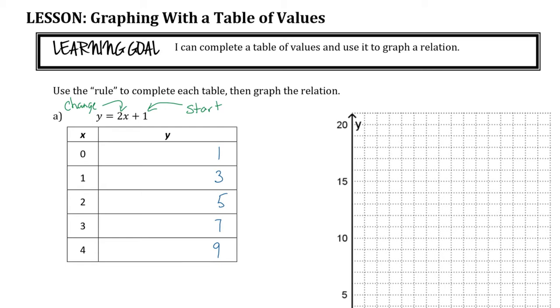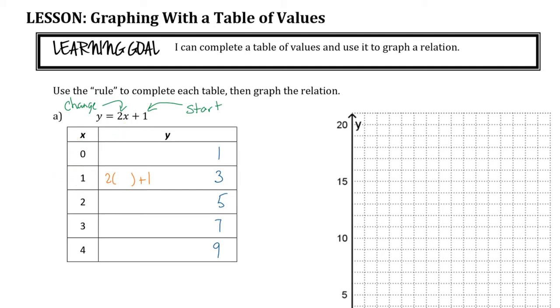Now I left myself some space in the table so that I can show the other way that we can do these. And I'm going to skip 0 for now, and I'm going to start at 1. And 1 is my x, as you can see, because it's in the x column, which means to find y, I substitute the x value in for x in my equation.